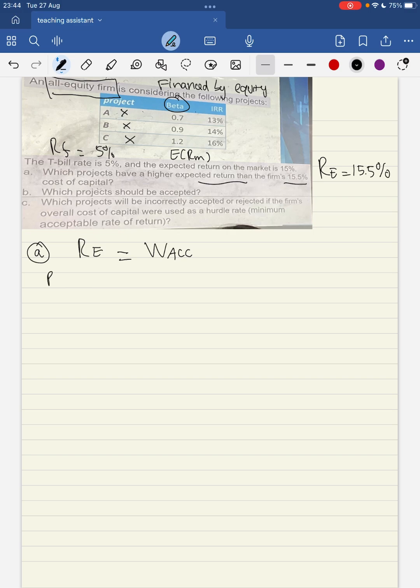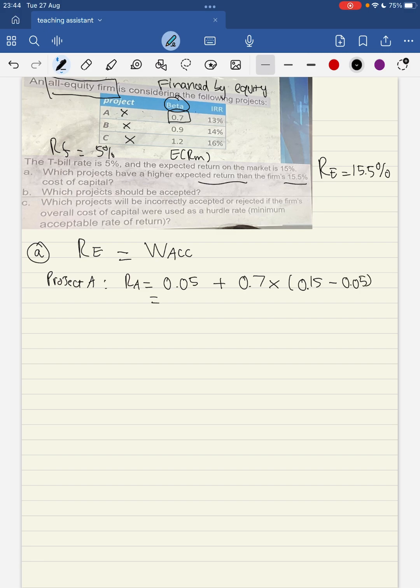So for project A, using the SML method, we will have RA equal to 0.05, which is the risk-free rate, the T-bill rate, plus 0.7, the beta of project A, as stated over here, times 0.15, the expected return on the market, the ERM, minus 0.05, the risk-free rate.